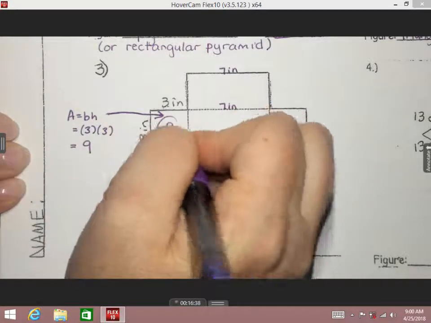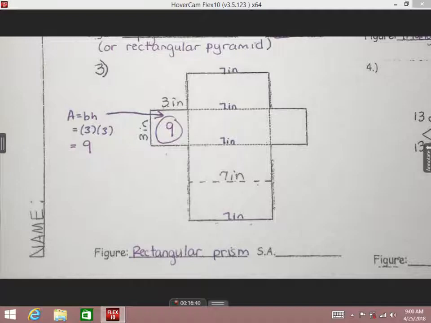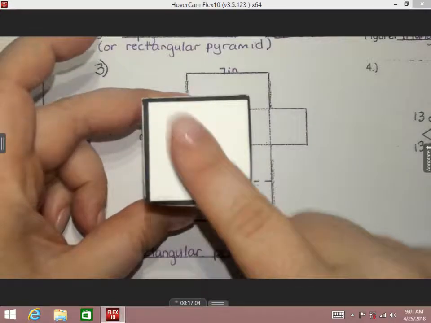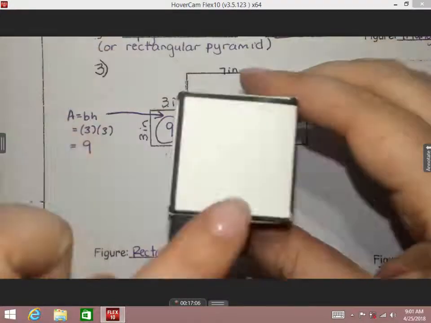Alright, here's the cool thing about rectangular prisms. Rectangular prisms are symmetric. What I mean when I say that is they kind of have matches. So for example, the top of my rectangular prism has to match the bottom.